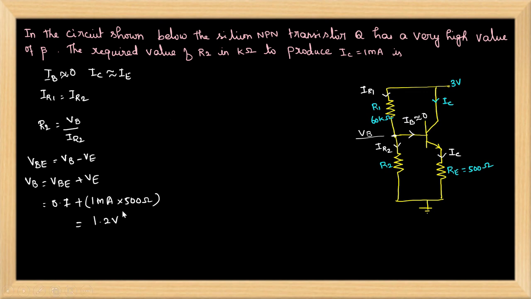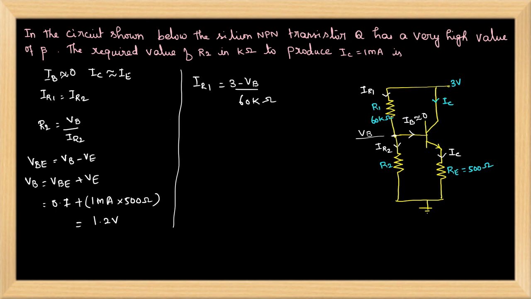Okay. Now we have to find the value of IR2. So we know that IR2 is equal to IR1. So we can solve either for IR2 or IR1. Okay. Now IR1 can be written as, here the voltage across the resistance R1 is 3 minus VB divided by this resistance R1, which is 60 kilo ohm.